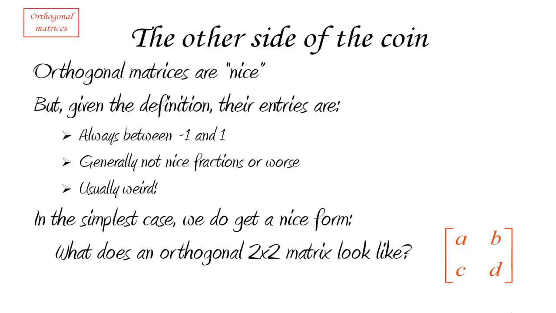What kind of properties do those numbers have to fulfill in order for the matrix to be orthogonal? What I would like you to do is start thinking about it. We're going to look at it in class a little bit more, but start exploring it on your own. See if you can find out what properties a, b, c, and d should satisfy, and therefore see if you can arrive at what these 2 by 2 orthogonal matrices look like.